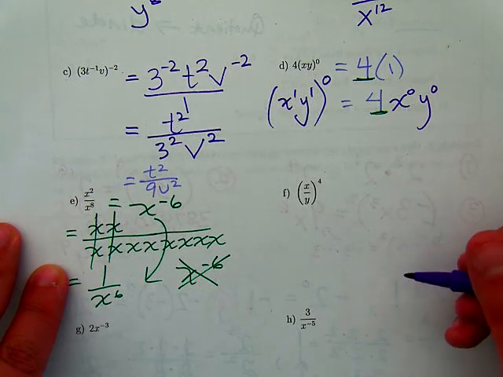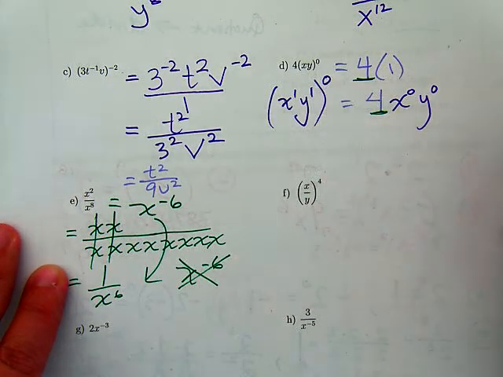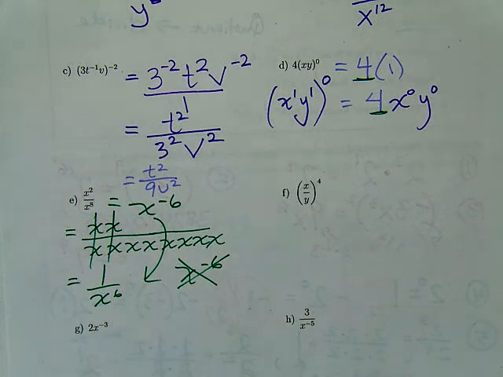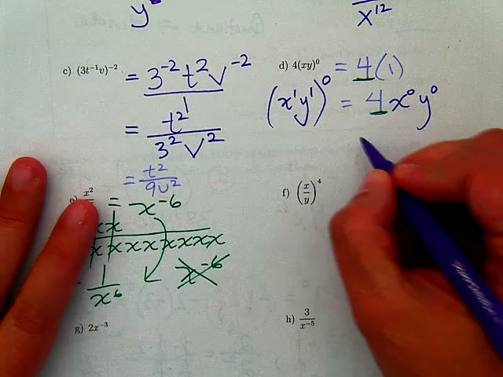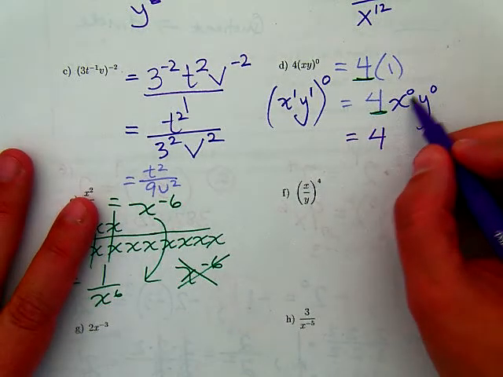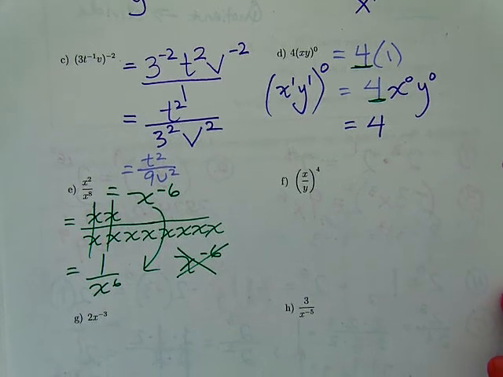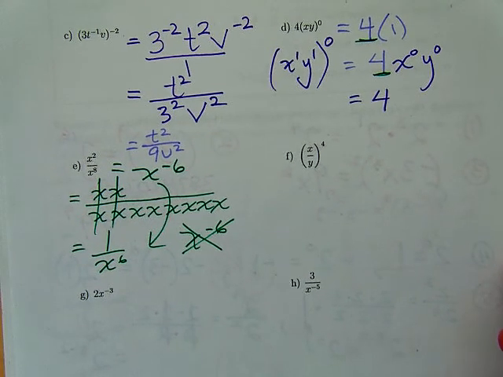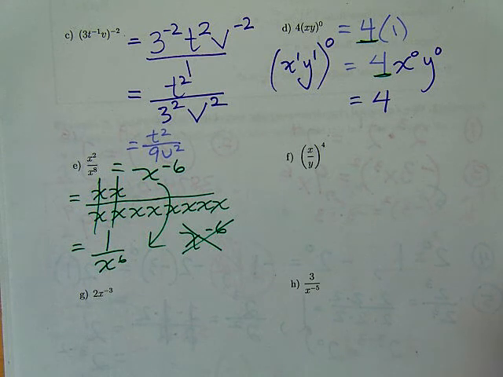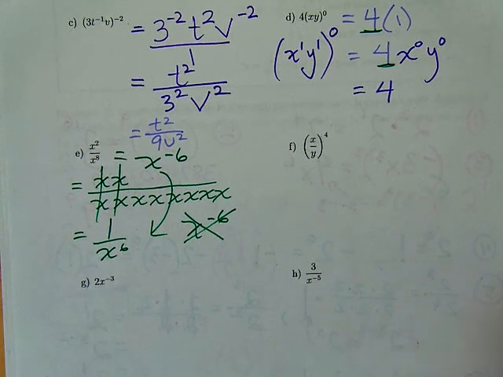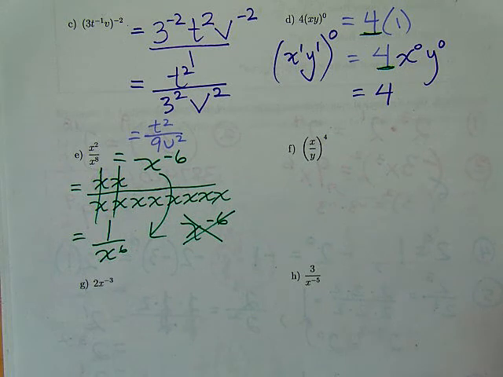So anytime you take anything to the 0 power, it's going to be 1. So it doesn't really matter what x and y are, because if I take them to the 0 power, they're just going to be 1. So no, this would still just be 1, right? I'm just showing why the x and y went away. Yes, equals 1. X to the 0 power equals 1. Yes, exactly. Good point.